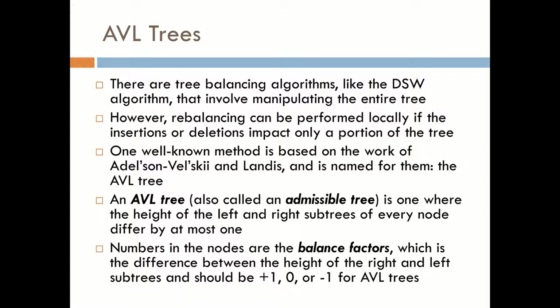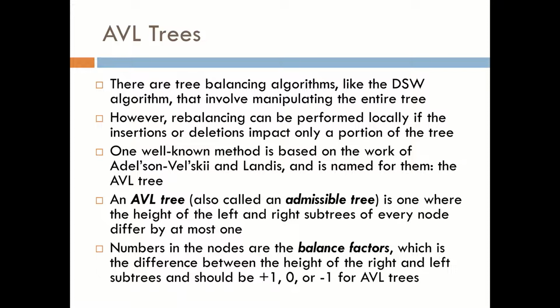And so the question is, how do we take the degenerate tree and put it back into balance? There are a few ways to do that. One is to actually take the entire tree and feed it to an algorithm such as the DSW algorithm and have it basically remanipulate the entire tree back into balance.